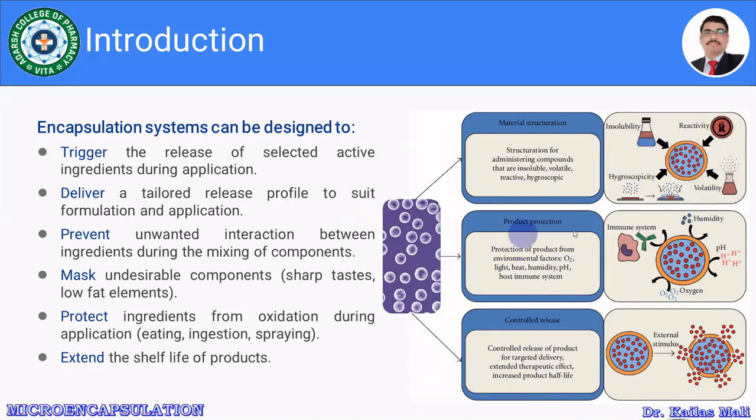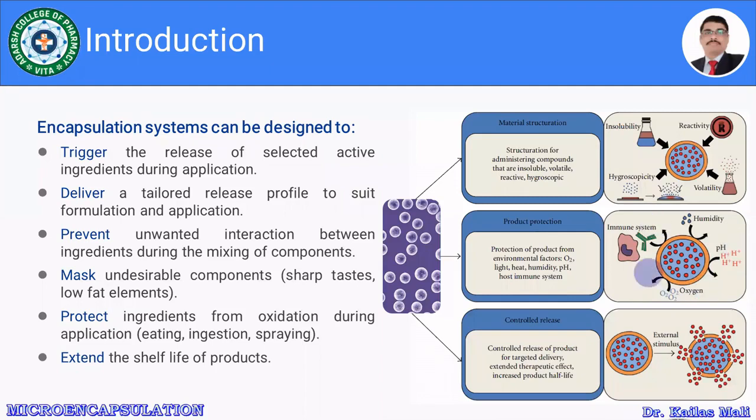Then product protection: protection of the product from environmental factors such as oxygen, light, heat, humidity, pH, and the host immune system. Look at the figure once again. These are the few things which are going to alter the stability of the API: humidity, then the pH, environmental pH, physiological pH, then the oxygen, the light, and so on.